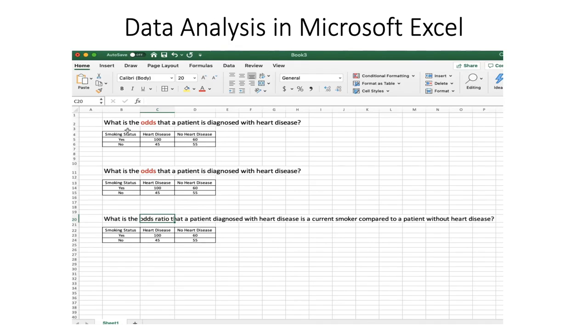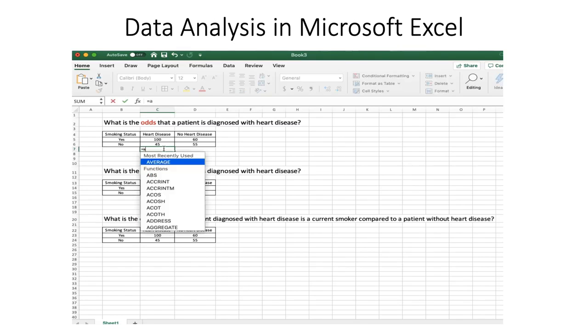So the first question here is, what is the odds that a patient is diagnosed with heart disease? Of course, we're looking at heart disease right here in the C column, and we see that there are 100 individuals who have heart disease, but they smoke cigarettes, and 45 individuals who have heart disease, but they did not smoke cigarettes at all. So if we were to calculate the odds that a patient is diagnosed with heart disease, you remember that formula, A divided by C. But in this case, since we are in Microsoft Excel, that's given us a different function.